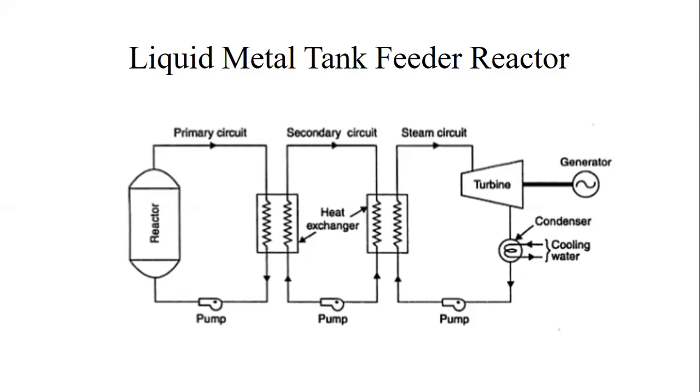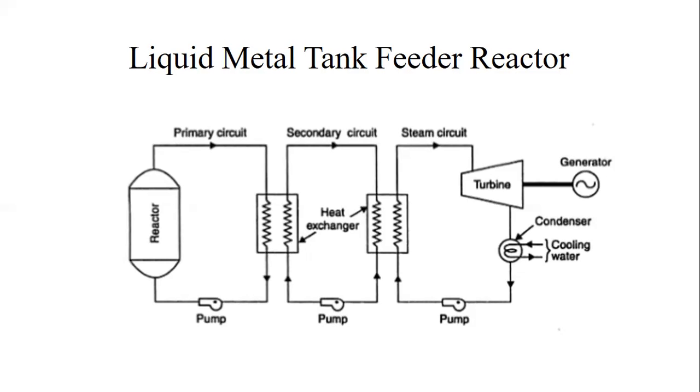Here in the first, that is the primary cycle or primary loop or primary circuit, we can see the energy is exchanged with the help of a coolant. For example, sodium is the most common coolant, as discussed earlier. With the help of that coolant, the energy is transferred from the reactor to the primary circuit.